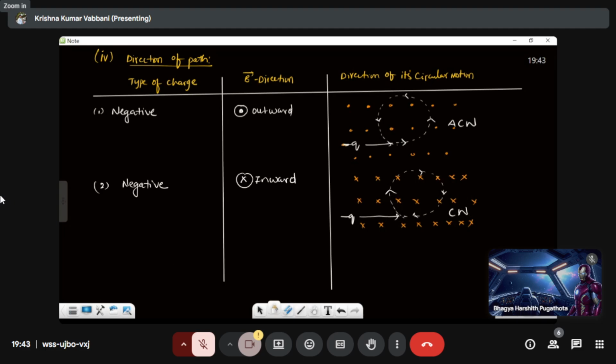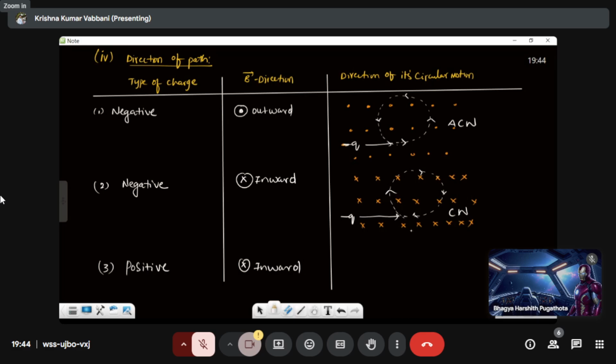The third case is the opposite. In the third case we are discussing a positive charge, and the same magnetic field is inward here.